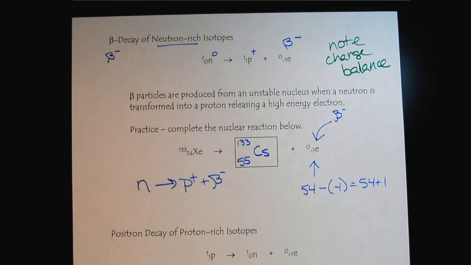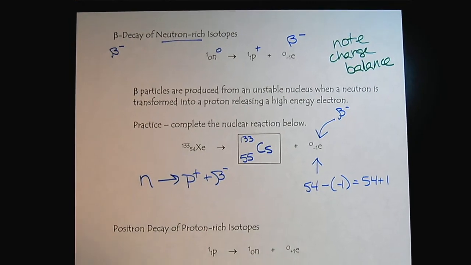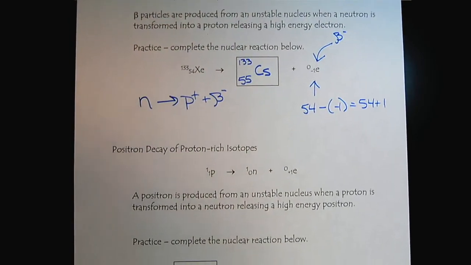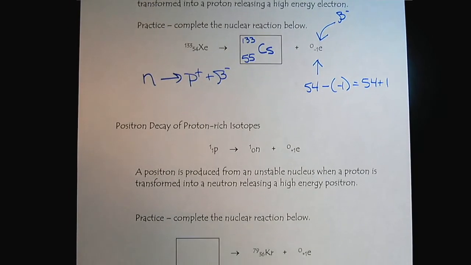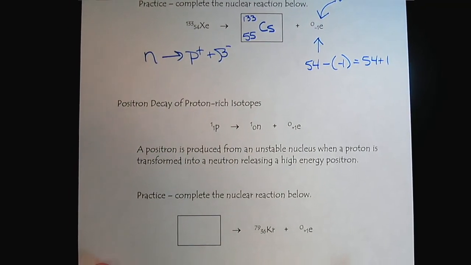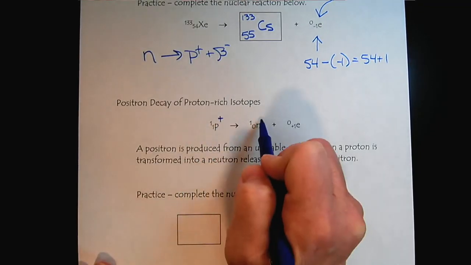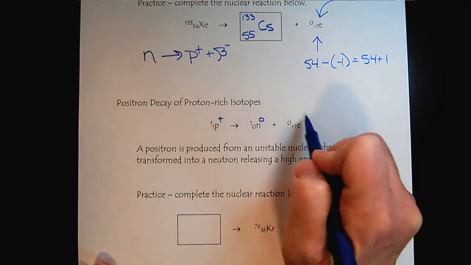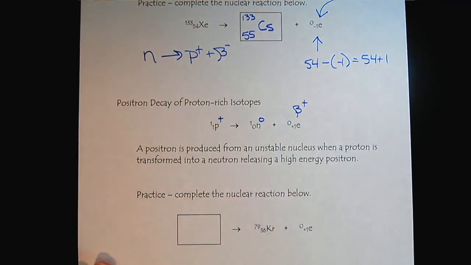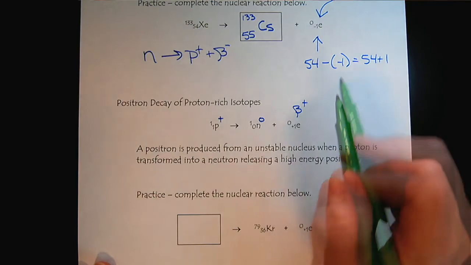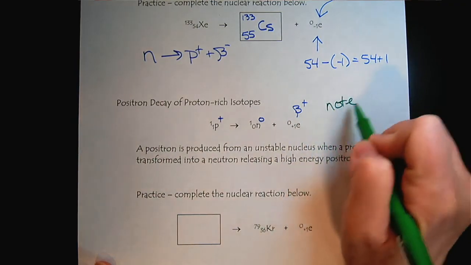Okay. Now for positron decay, it's the reverse. Now we have a proton-rich isotope, and so one of the protons is going to convert to a neutron. Protons have positive charge, neutrons are neutral, and now we have our positron. So once again, note the charge balance.